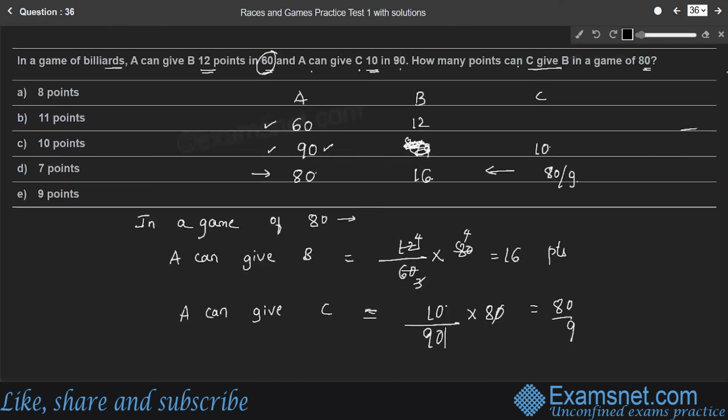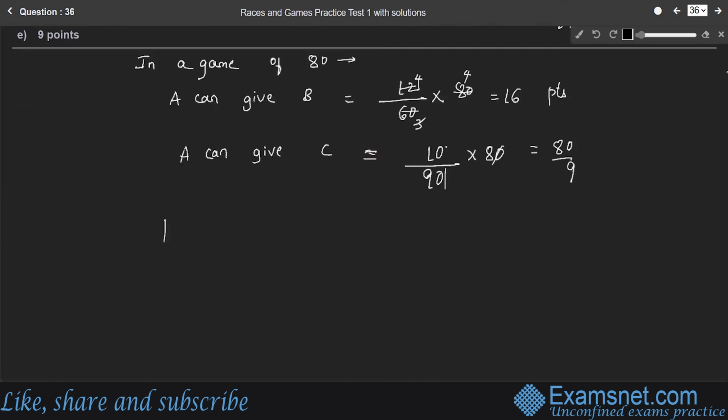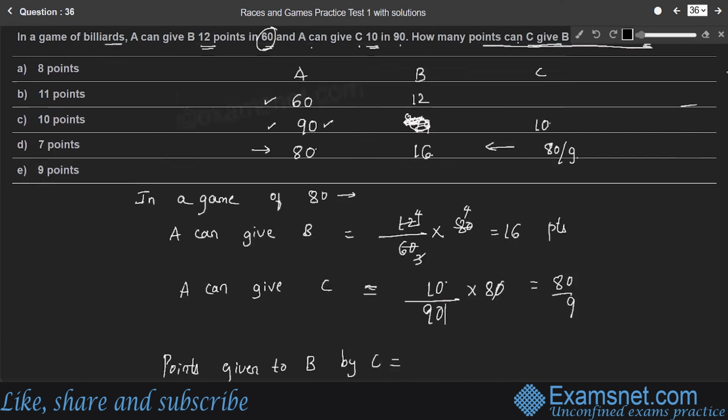Here the question is, how many points can C give B in a game of 80? So the points required are the points given to B by C. For this, we will consider total points as 80, which is equal to X. Here 80 is the total point.